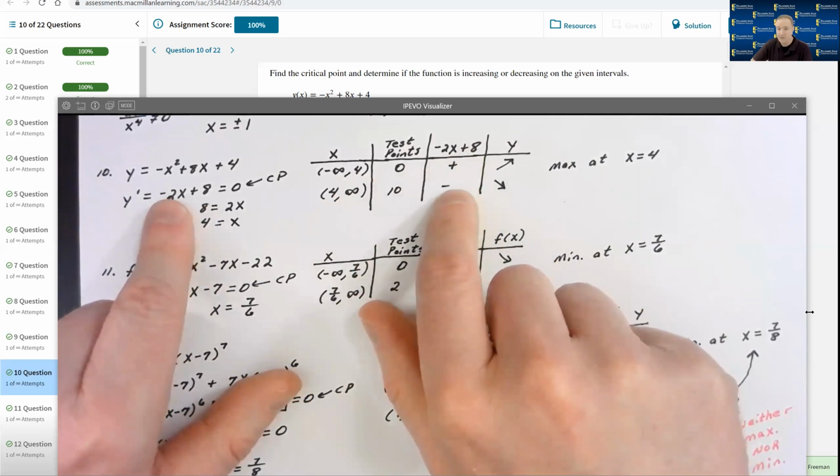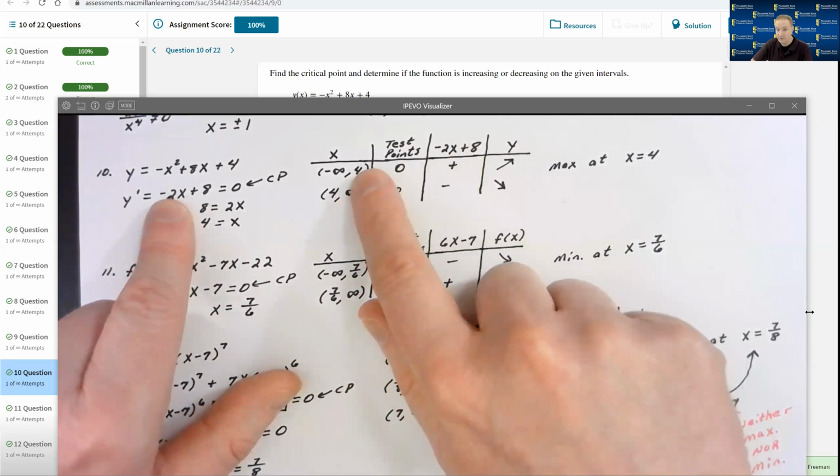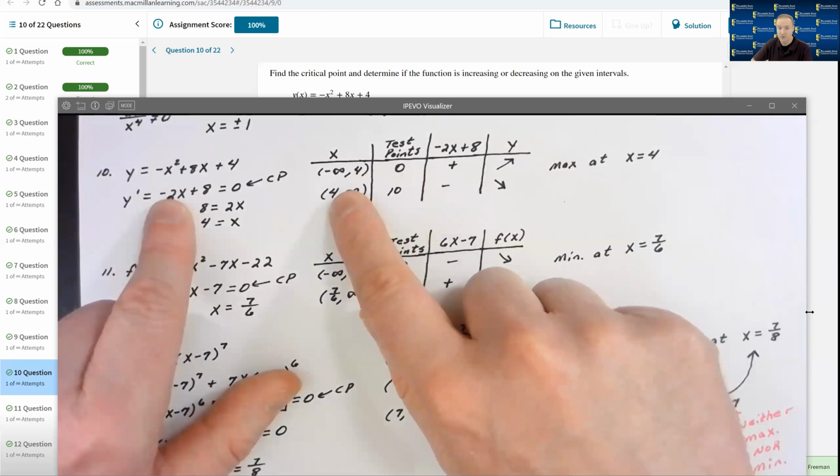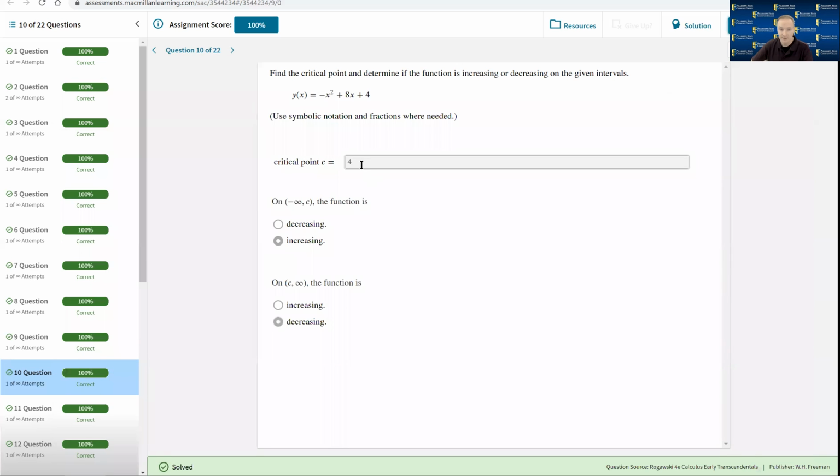The only thing I need to know is that it's negative. So we know our function is increasing before it hits 4, and then it decreases everywhere after 4. So clearly there is a maximum at 4, and we can say it's increasing before, decreasing after. And that's all I did here. The critical point was 4, increasing before, decreasing after.